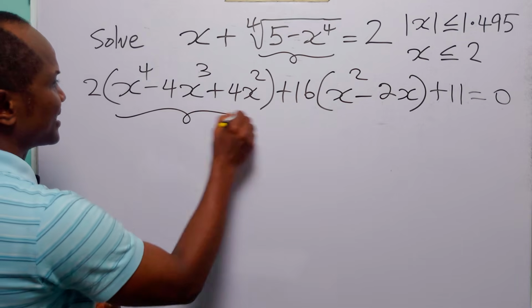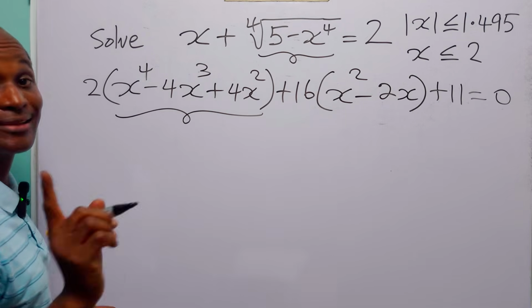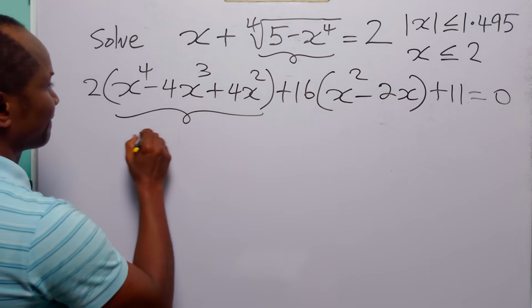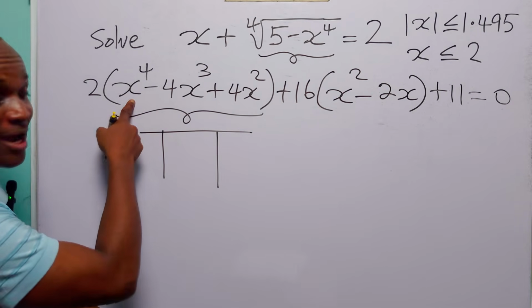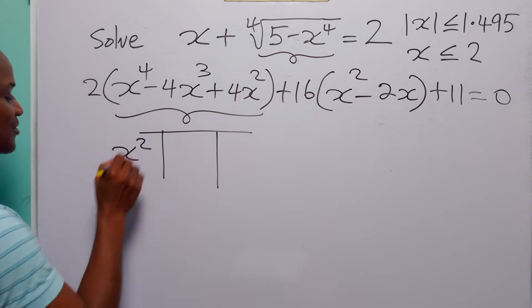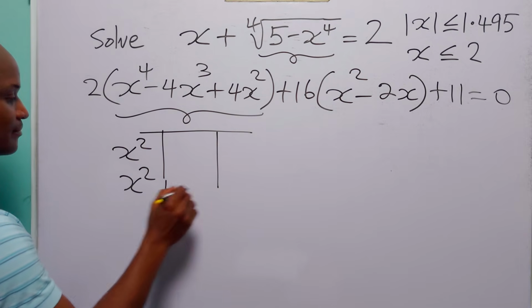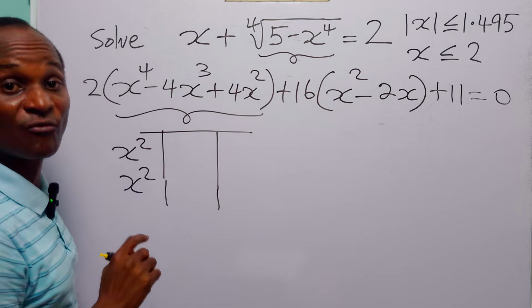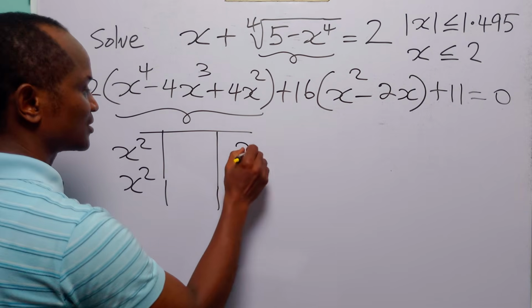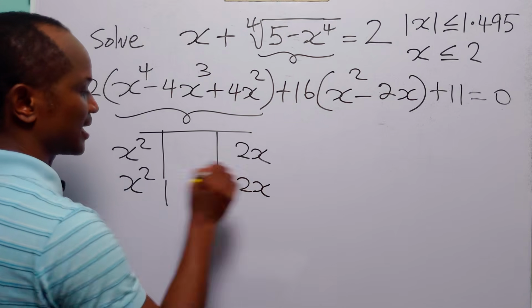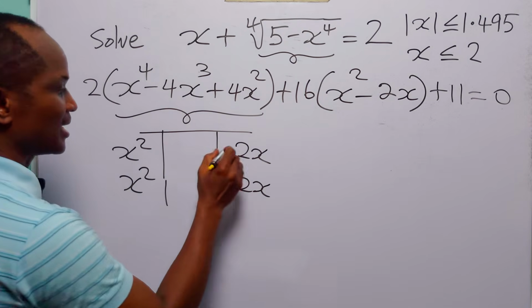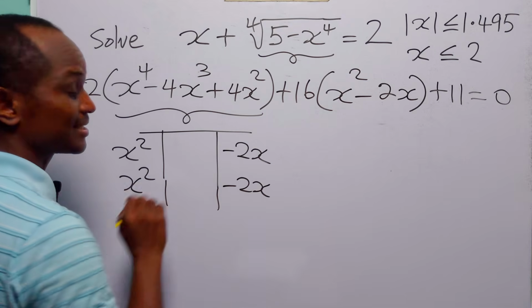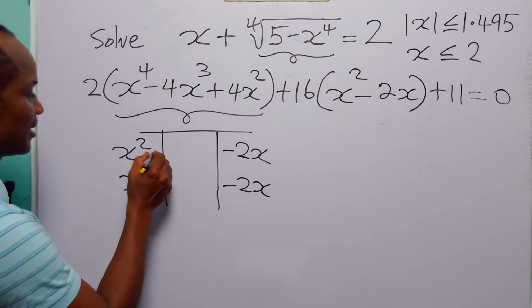Now we can factorize this. Let us use the table method. What are the factors of x to the power 4? We have x squared and x squared. What are the factors of 4x squared? We have 2x and 2x. But since the middle term is negative, let this be minus 2x, and let this be minus 2x.